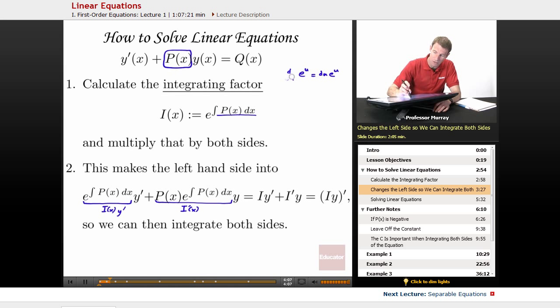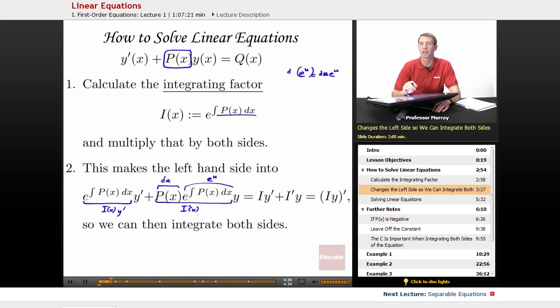Let me write d of e to the u is e to the u du. So that's the e to the u right there, and this is the derivative of u, because the derivative of the integral of p of x is equal to the original p of x.